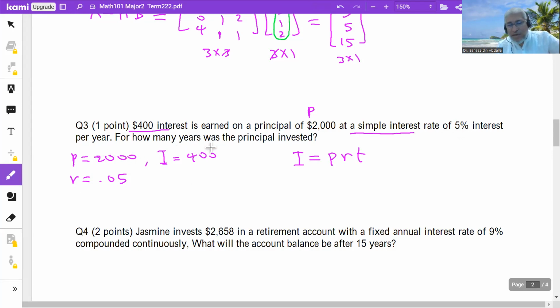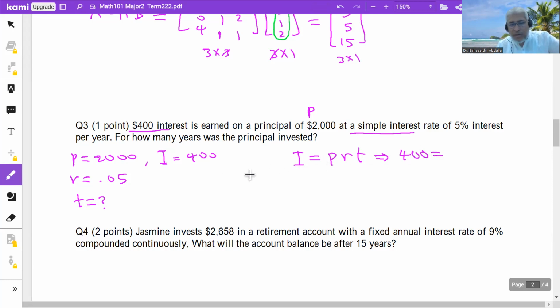For how many years was the principal invested? So T here is missing, the number of years. I, the interest, is given in the question, which is 400.